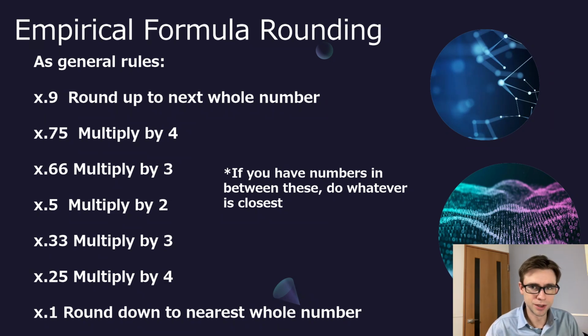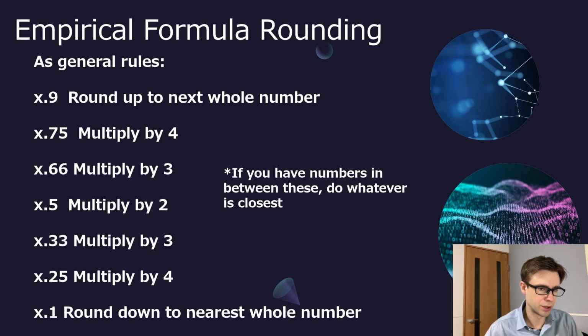If you don't believe me, go try some in your calculator. Multiplying by 4 should give you whole numbers. If you have x.66, multiply by 3, that should solve your problems. If you have something .5, multiply by 2; .33, multiply by 3; .25, multiply by 4; and if you have .1 or lower, round that down to the nearest whole number.